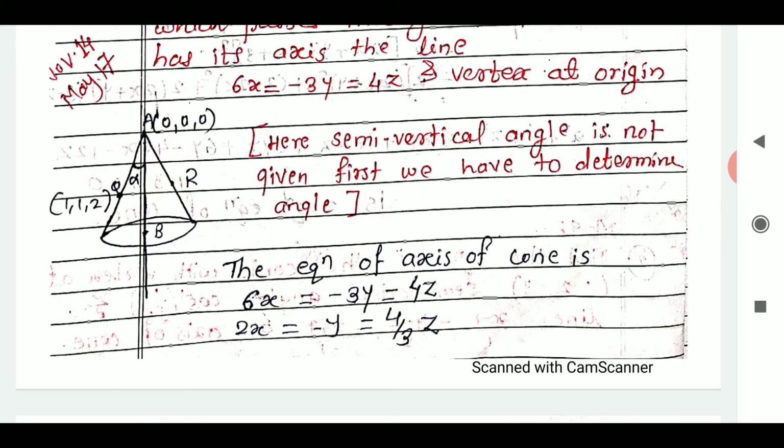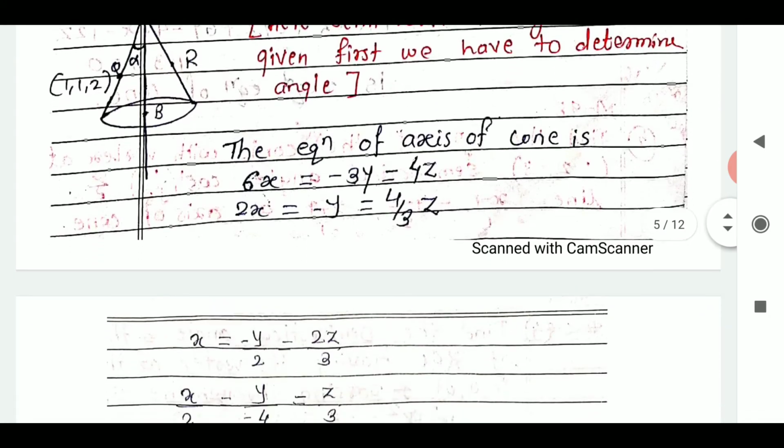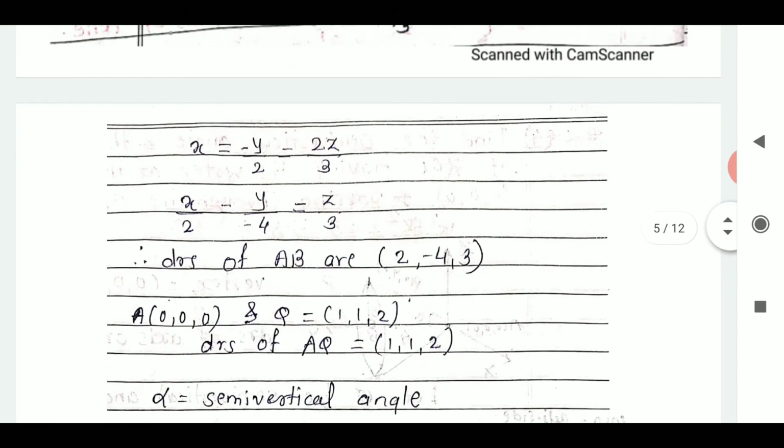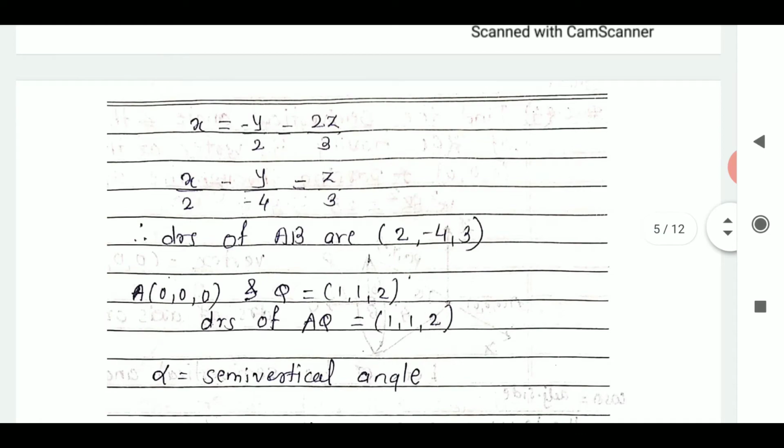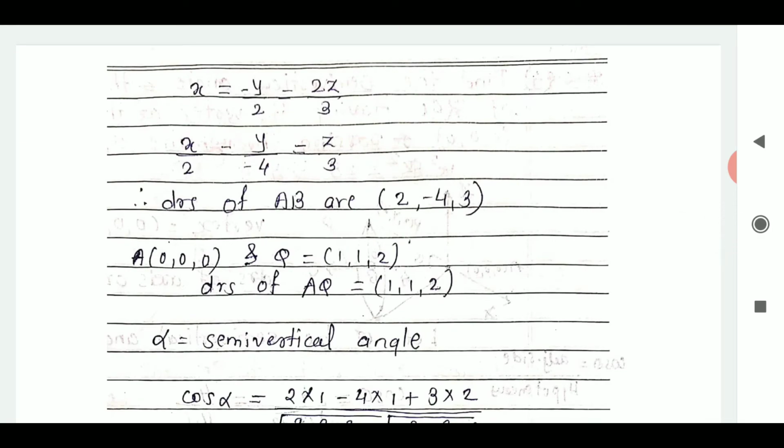For this we divide by 6, then we get x = -y/2 = 2z/3. Simplifying, we get x/2 = y/-4 = z/3. This is the equation of axis where the vertex is (0, 0, 0).